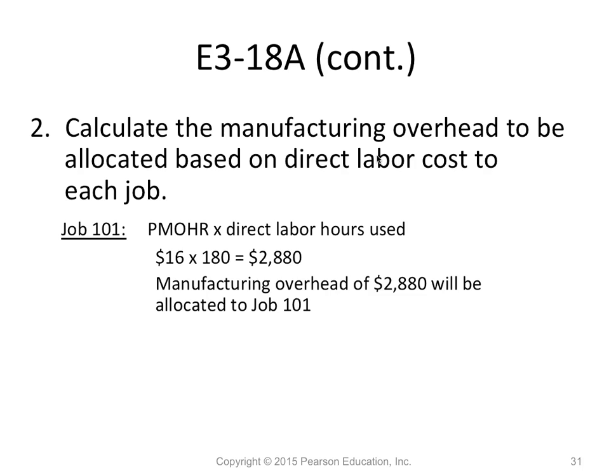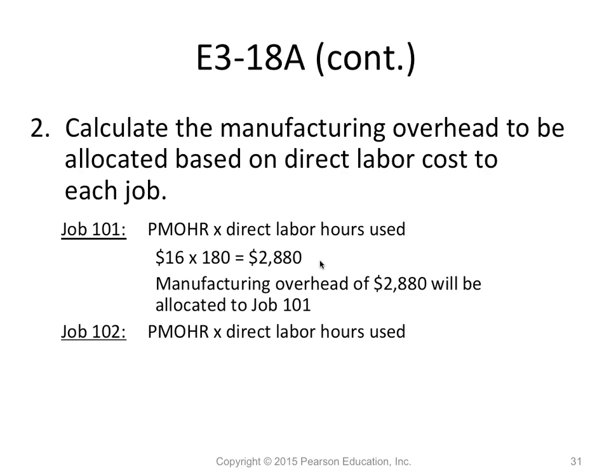So for job one, just briefly, $16 is the overhead we have calculated for each hour of labor, and then we have 180 hours for job one, and the total manufacturing overhead will be $2,880 for job number 101.